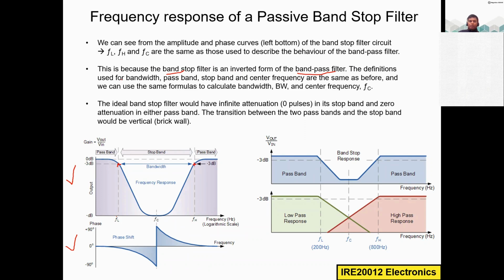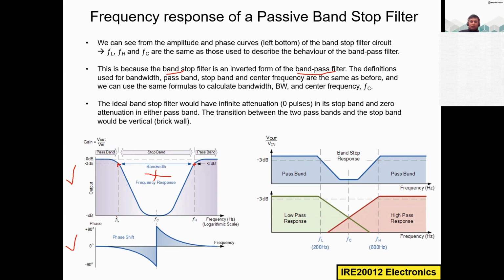The definitions for bandwidth, pass band, stop band, and center frequency are all the same as the band pass filter. Here also we have the pass band, the stop band, and the pass band. Pass band means these frequencies we are getting at the output. Here also we are getting the pass band at the output, but in this mid range of frequency, we are not getting anything at the output.